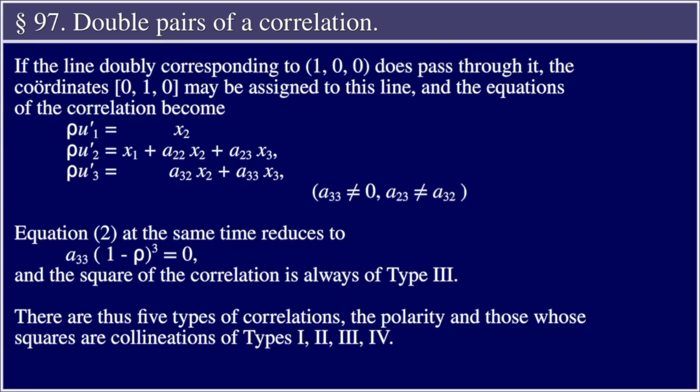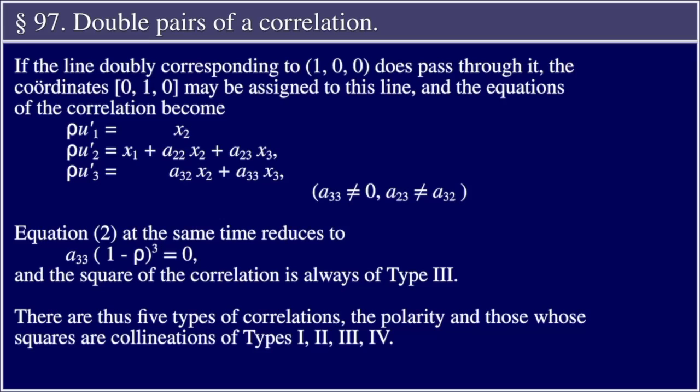If the line, doubly corresponding to 1, 0, 0, does not pass through it, the coordinates 0, 1, 0 may be assigned to this line, and the equation of the correlation becomes rho u1 prime equals x2, rho u2 prime equals x1 plus a22 x2 plus a23 x3.